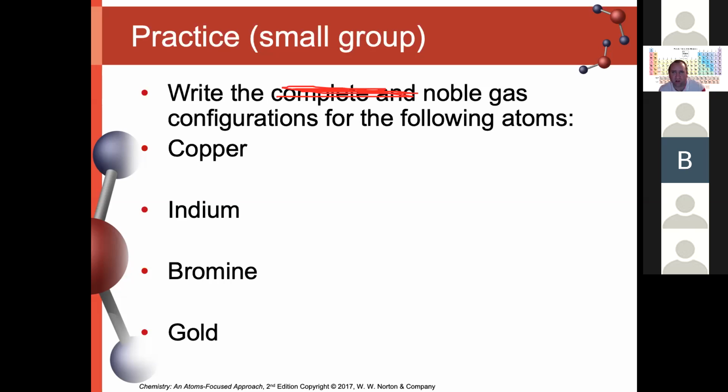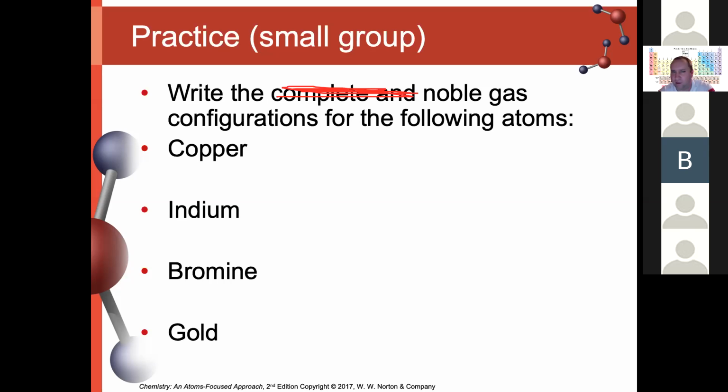Anyone want to jump in on that one? For indium, no, that's not for indium, right? No, I was referring to copper. Oh no. Oh wait. Never mind. Oh, that's only 30. Yeah. Oh, that's why. So that's okay.